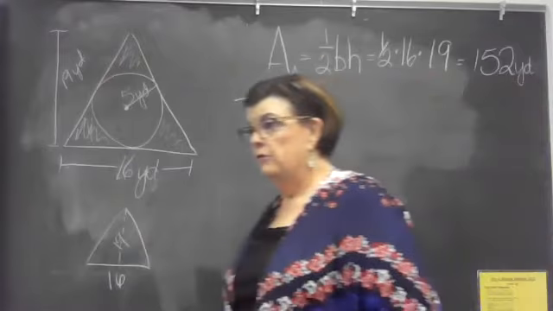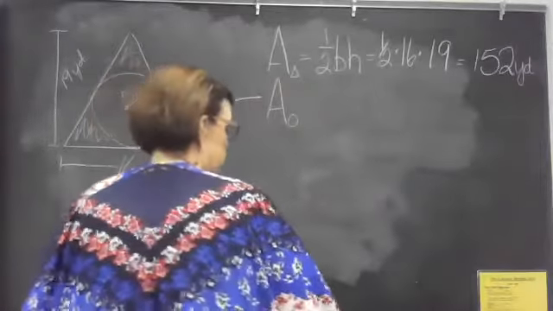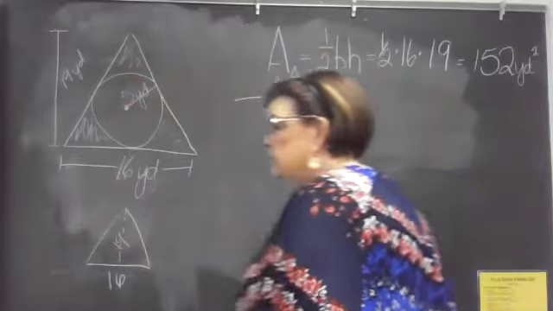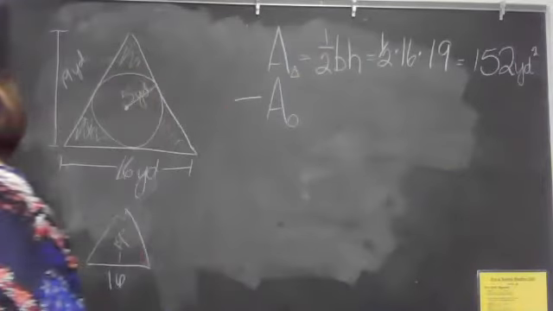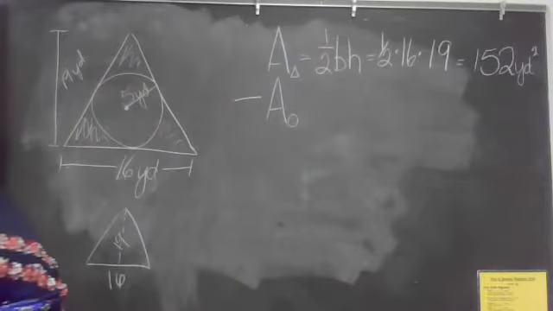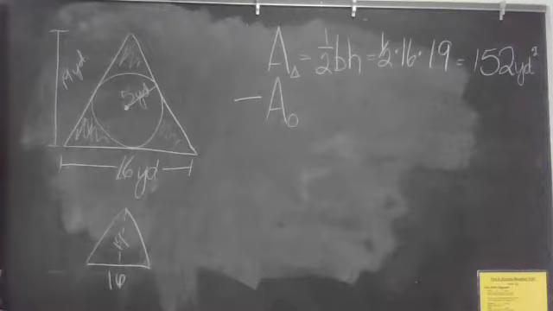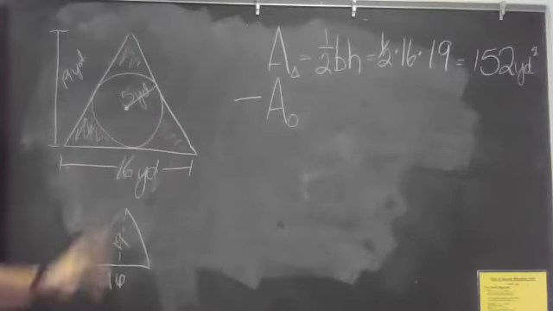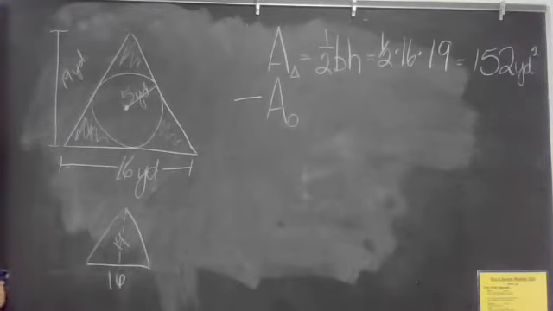And you should get 152 yards squared because we're doing the area. Everybody get that? Okay, now our plan said that's all of the triangle, but we don't want all of the triangle. We only want the part that's shaded. So we're going to have to cut out the area of the circle.